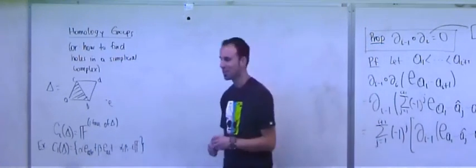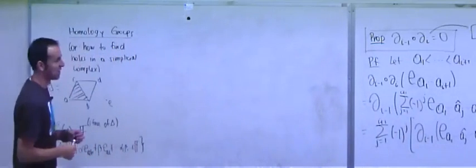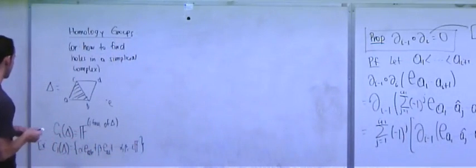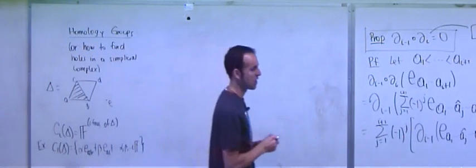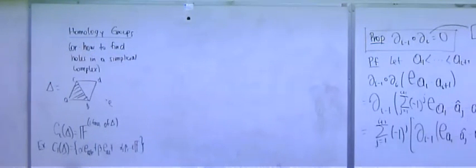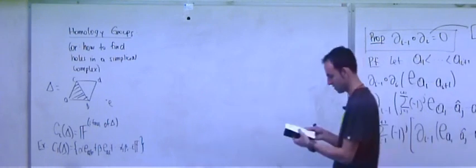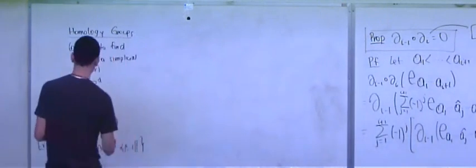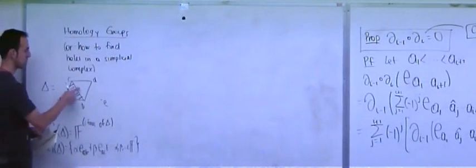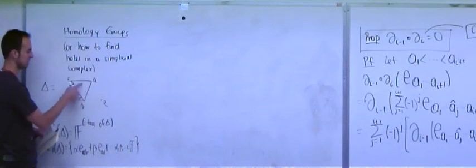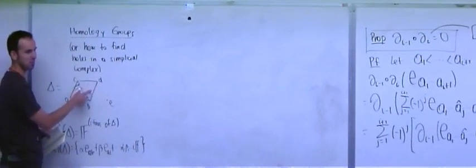For example, how many two-dimensional holes does this thing have? I guess you mean this one. This is actually one-dimensional. We'll see why.